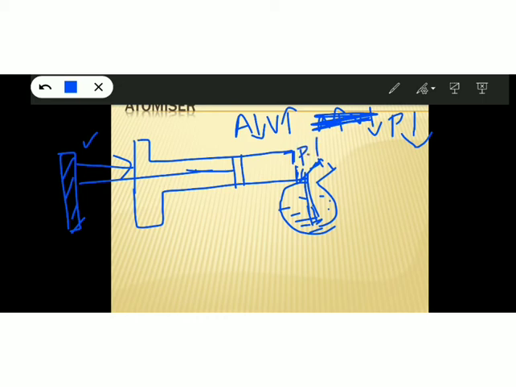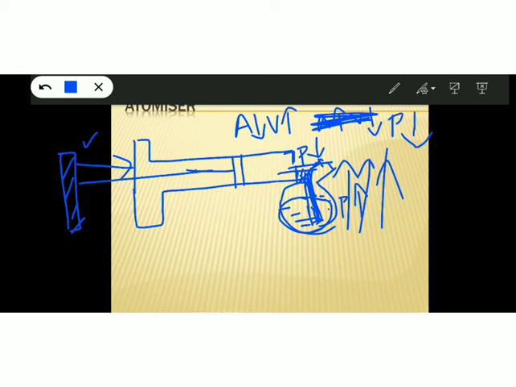But at the same time, the pressure of this liquid system will be more. So there will be a pressure difference between the two ends here, and due to this pressure difference, fluid moves from the high pressure region to the low pressure region, and here this is the movement upward. So finally the liquid is moved upwards and it is ejected out along with the air with high velocity.